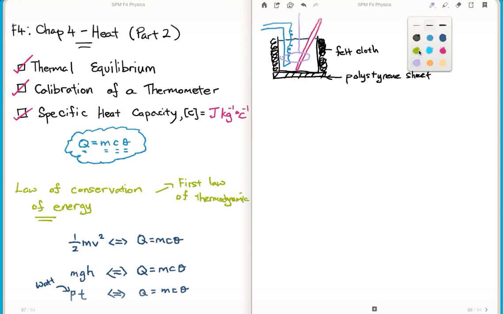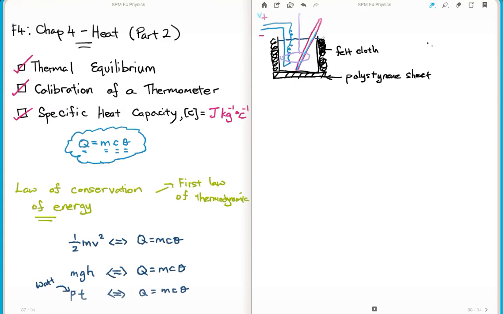So there is a plus and minus, minus and plus. Electric current goes in and out. The coil here will heat up because of resistance and heat up the water. The water absorbs the heat, so the kinetic energy increases and transforms into heat, and it is picked up by the thermometer.